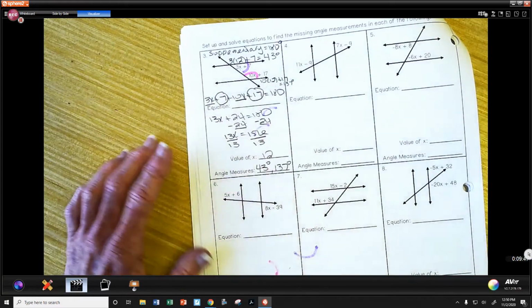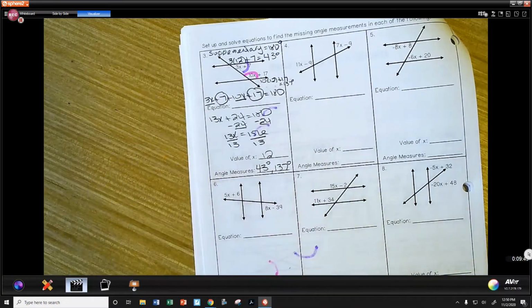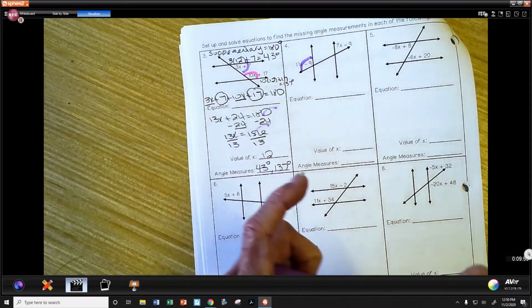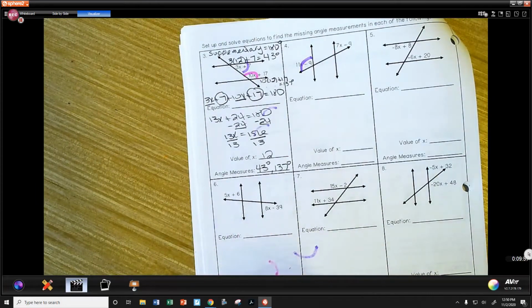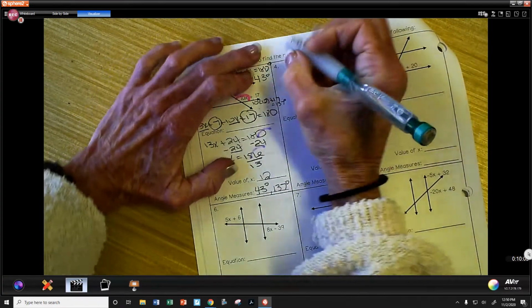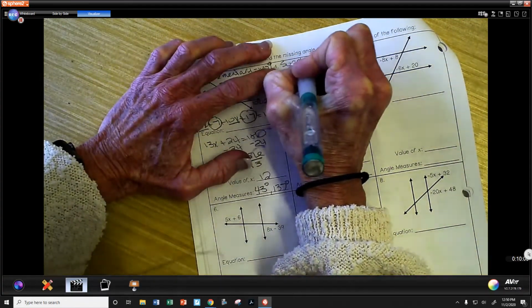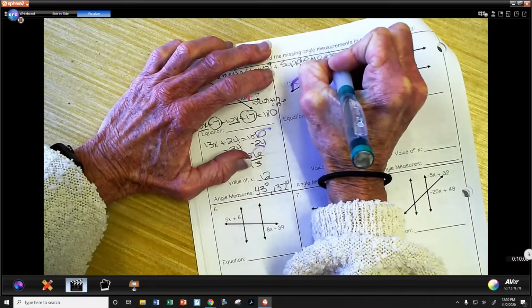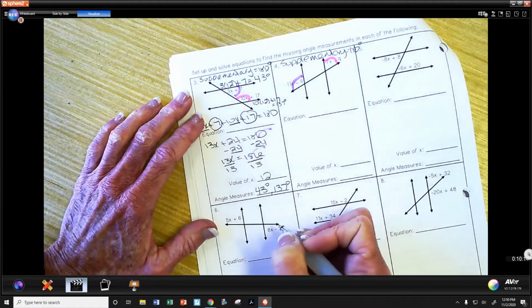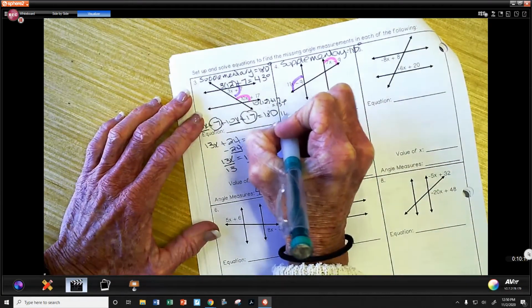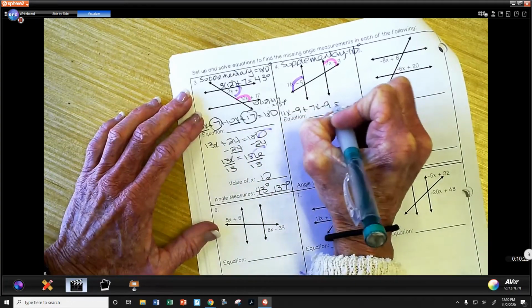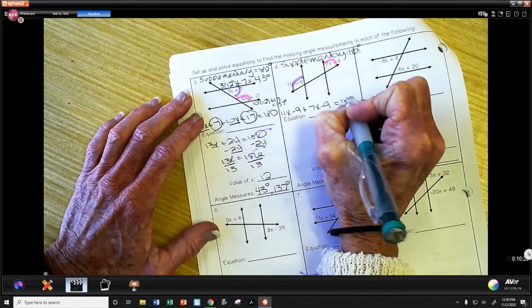Okay, number 4. So let's see, again, those are supplementary. So I'm going to do that one, and the other one needs to be in a different color. Okay, so this is supplementary. So it needs to equal 180 degrees. Okay, so here we go. 11x minus 9 plus 7x minus 9 equals 180.